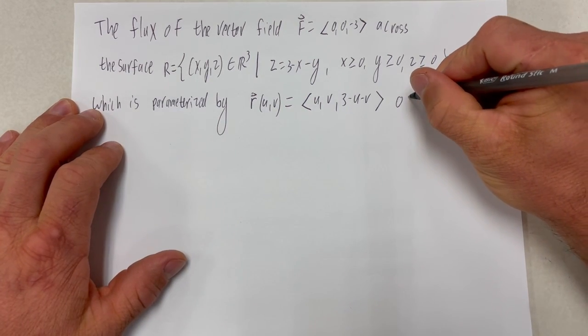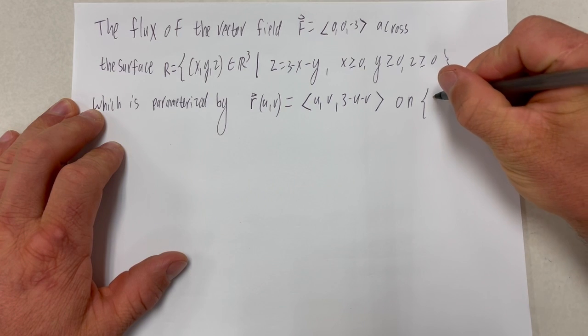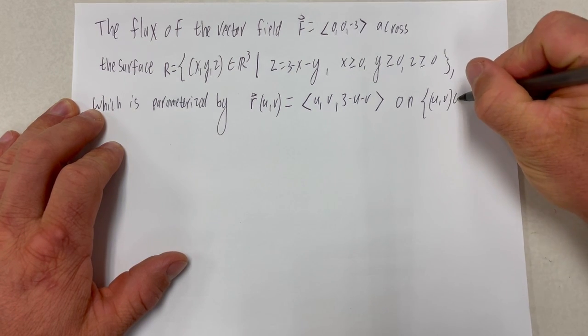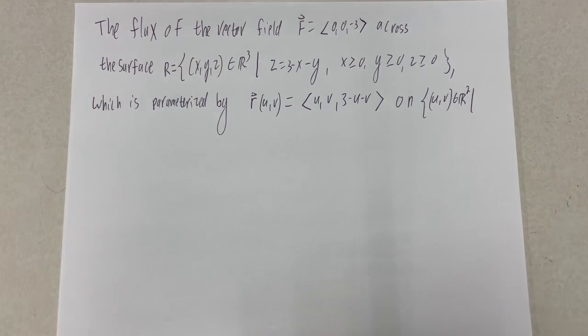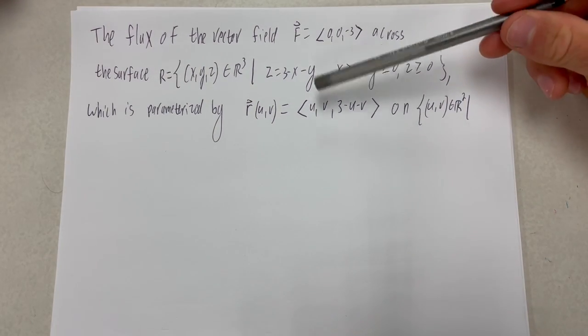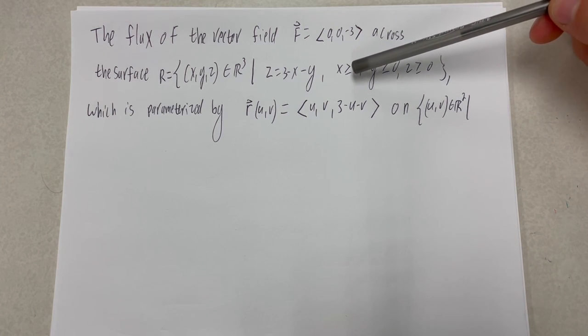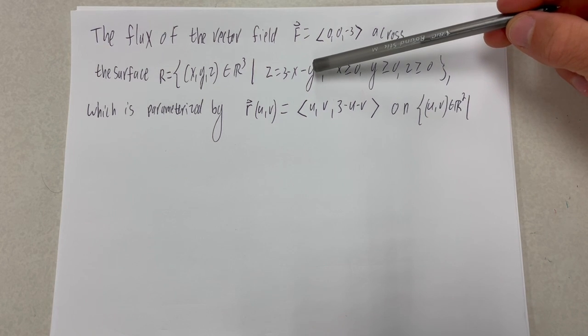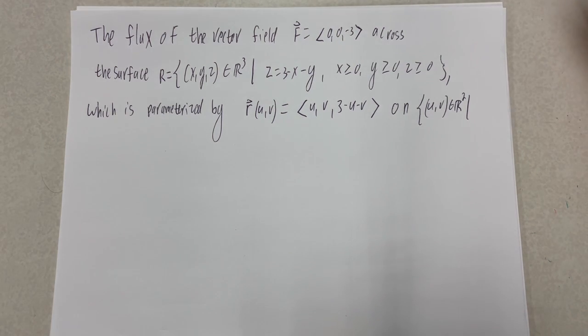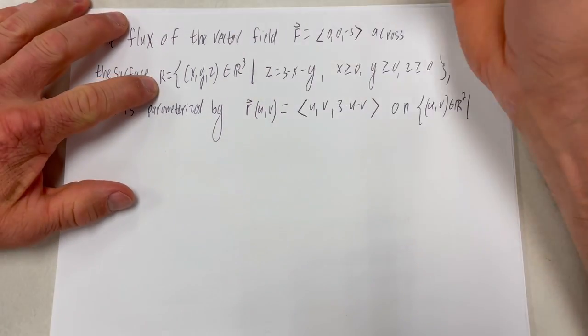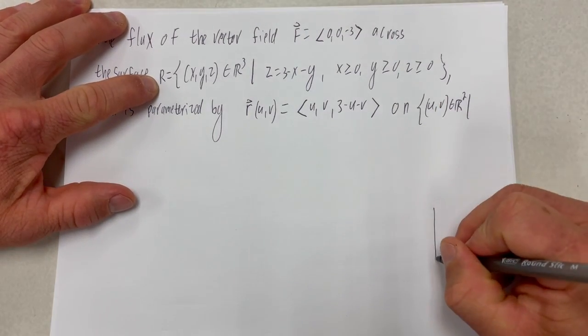Okay. On the set of u and v in R2, such that, now what conditions do we need to have on u and v? It looks like we need to describe the condition that 3 minus x minus y is 0. So let's, sorry, I misspoke, but let's draw this region of integration, okay?